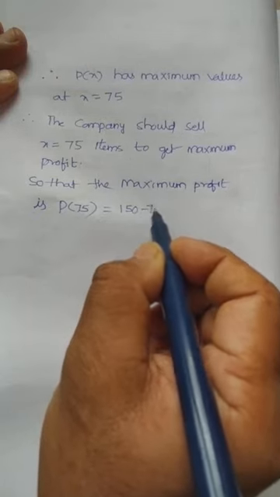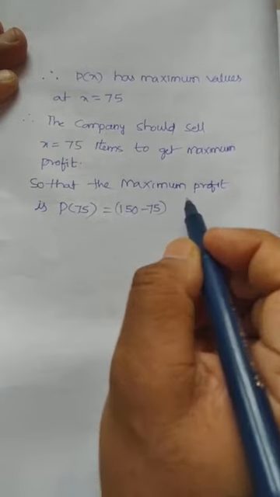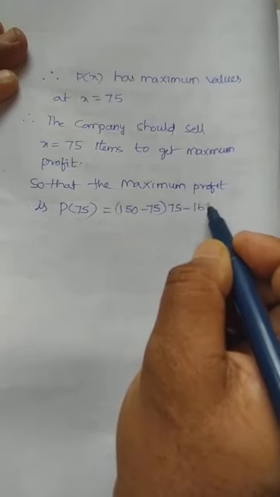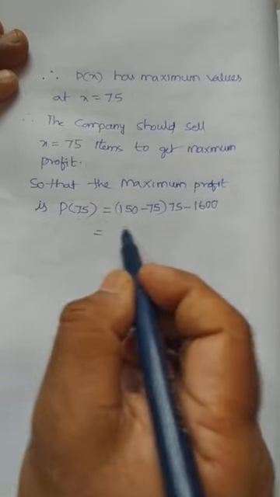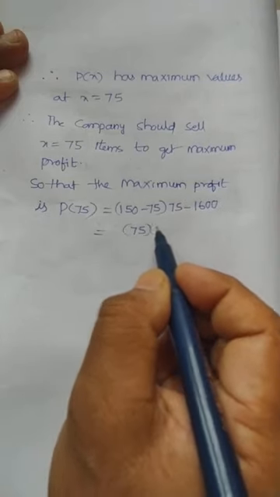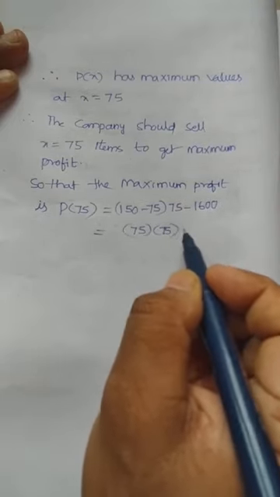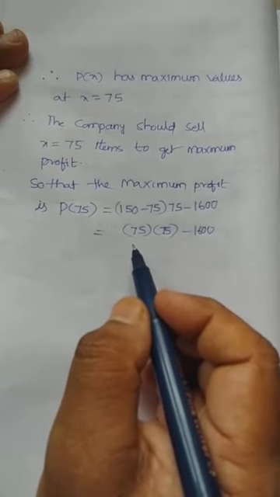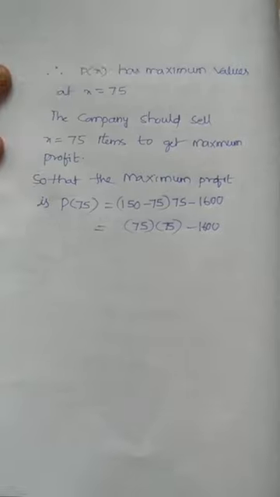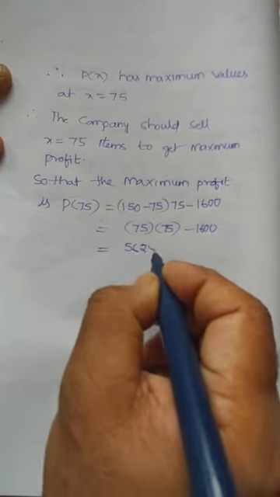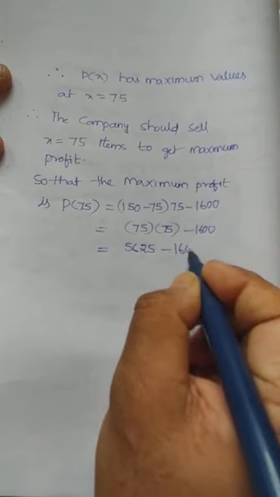It implies 150 minus 75 into 75 minus 1600, that is equal to 75 into 75 minus 1600. So 75 into 75 is 5625, minus 1600.